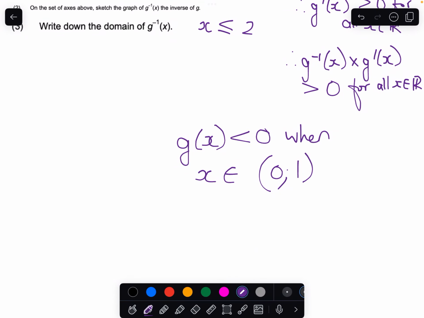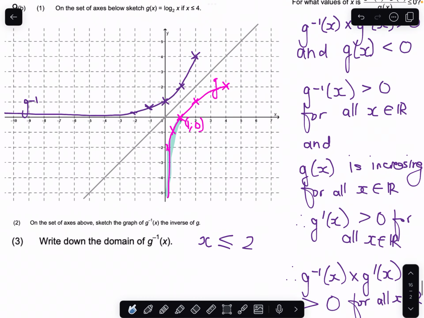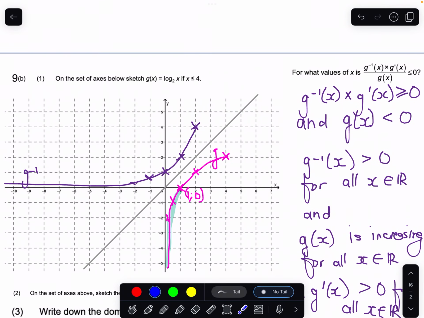So as a result, this product is always positive. The inverse of g always produces positive results. The gradient of g, oh hectic, I was looking at the gradient of the inverse, sorry, but the same logic applies. It is increasing all the way. There's no point where this graph decreases.